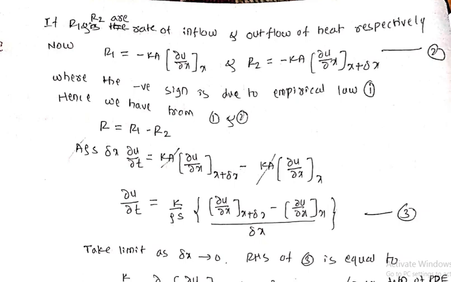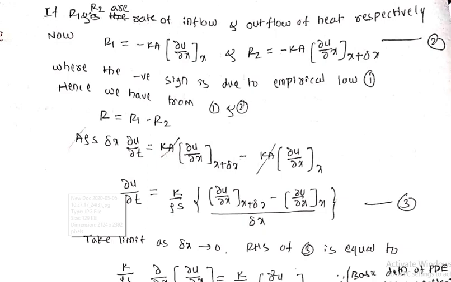The common term A is on the left-hand side and right-hand side, so A and A cancel out. Then we divide both sides by rho S and delta x. The left-hand side is dou U by dou t, and on the right-hand side K is common, so after dividing by rho S into delta x, the right-hand side is K by rho S, whole divided by delta x.